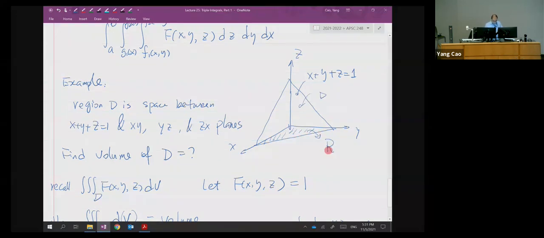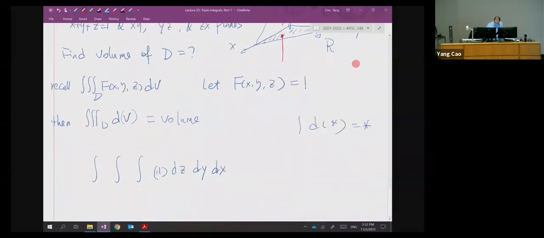And for the Z limits, according to the procedure, you pick a point inside this shadow R, then you draw an arrow line in the direction of the Z-axis. You will have a first contact point in the XY plane, and a second contact point on the plane.